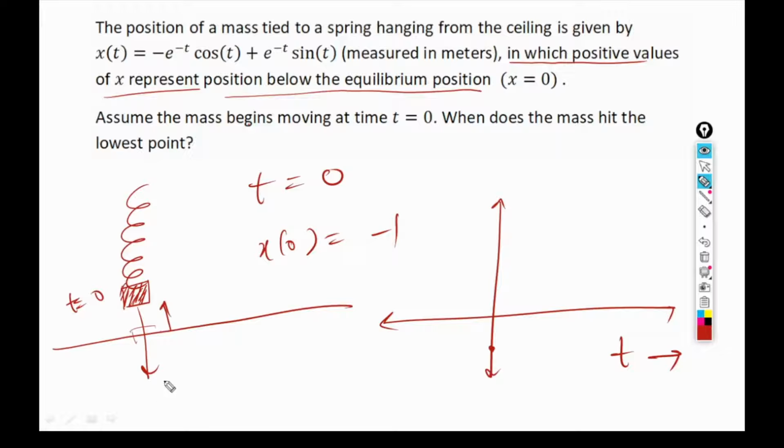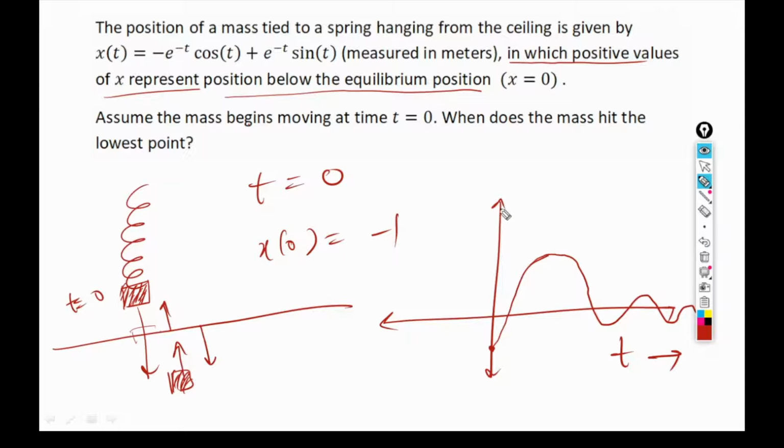So if the mass is here, let's say, then the value of x is 1 or 2 units. So it will increase, but after one point, when it starts to come back up again, then the value of x will decrease. So it will go on like that, but the amplitude every time will get smaller.